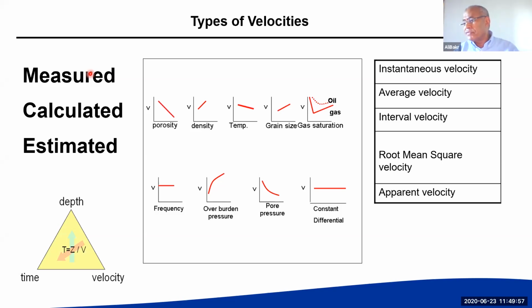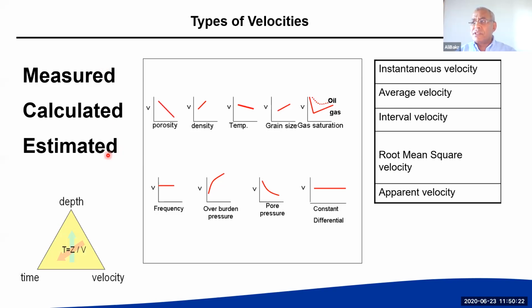Or you can get it from core, but you have to take into consideration the pressure, the temperature, and the condition of the core in order to measure the velocity. Then calculated, if you use this equation or any other equation to calculate velocity. Then you can do some sort of estimation. The last one has the least accuracy, and accuracy increases as you go up.